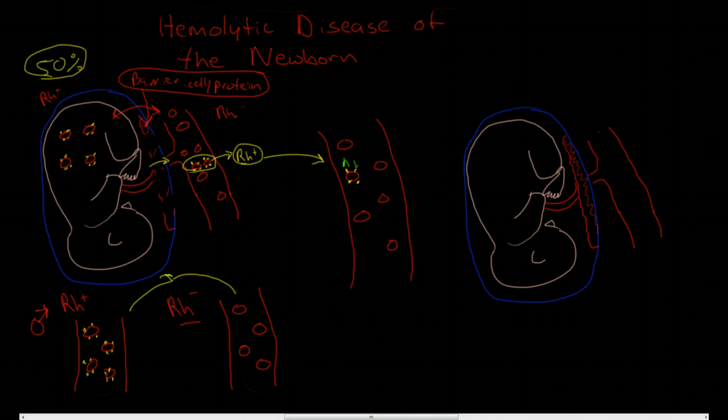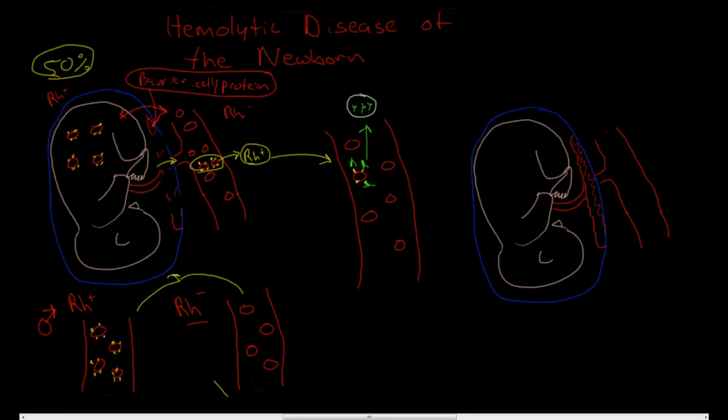And again, these antibodies, there aren't enough red blood cells to cause significant problems. But what happens is the mother develops memory B cells that have the potential to create massive amounts of these antibodies.